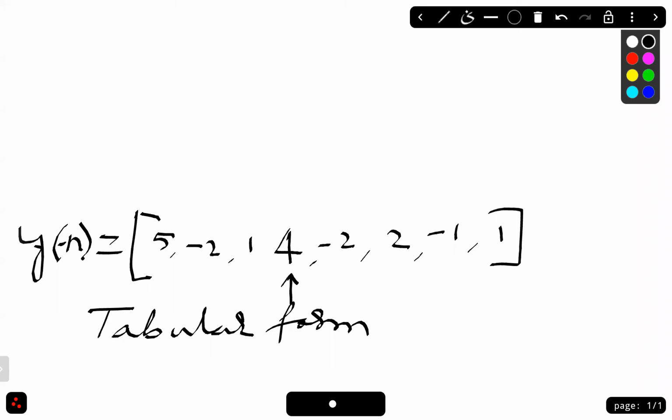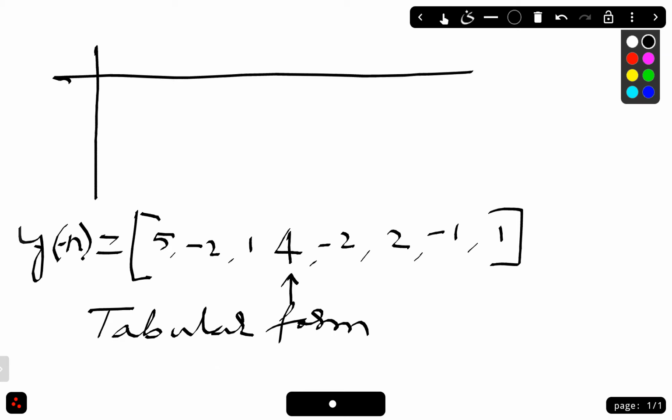Now here I am writing the tabular form. On the top side we are writing x of n, and y of minus n I am writing this way.